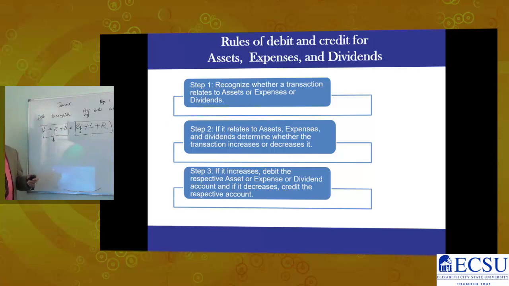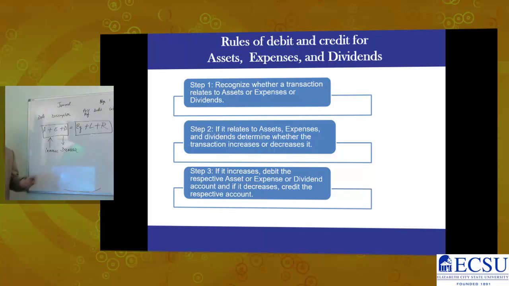Now what we try to do is, whenever there is a transaction, we try to find out whether an asset, expense or dividend is involved or not. If it relates to assets, expenses and dividends, we determine whether it will increase or decrease. That's the logic we will be looking for.